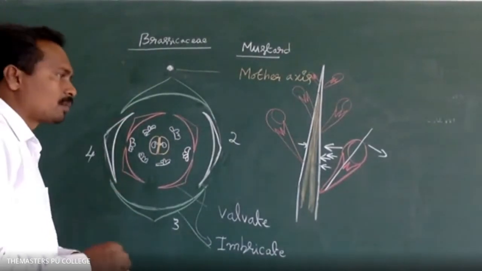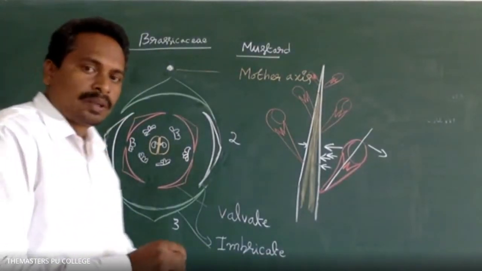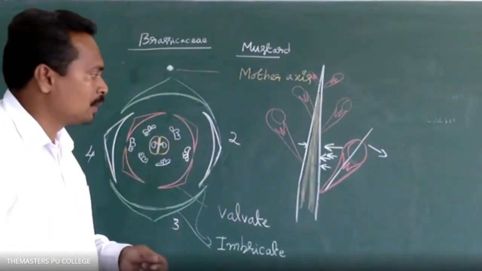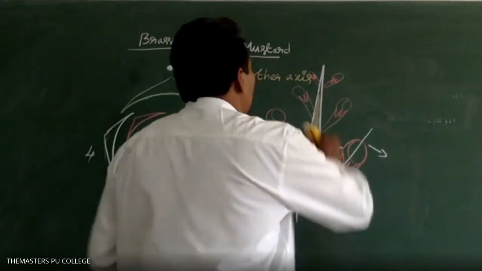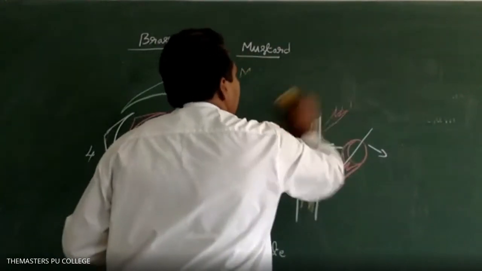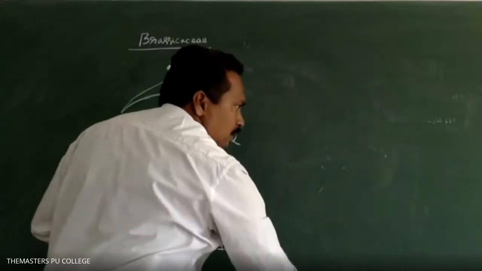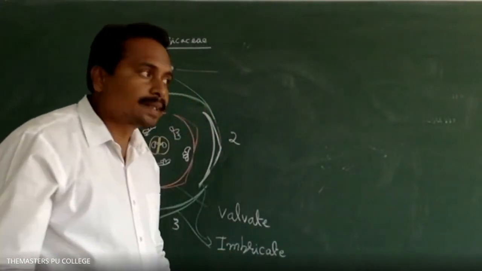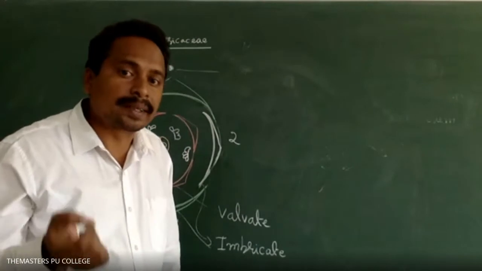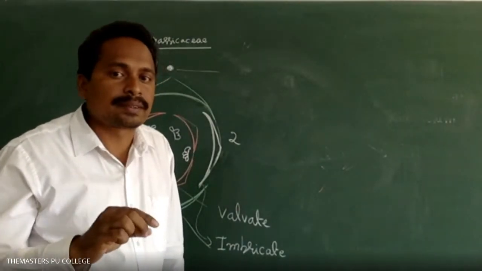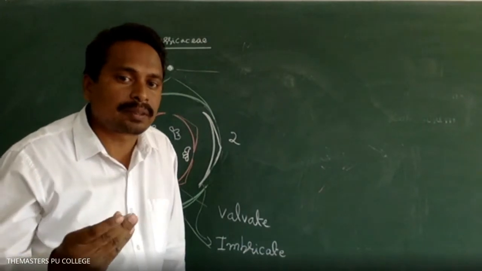So the floral formula of the mustard plant. The floral formula gives information about the parts of the flower and the types of flowers. How many parts are there in a flower?